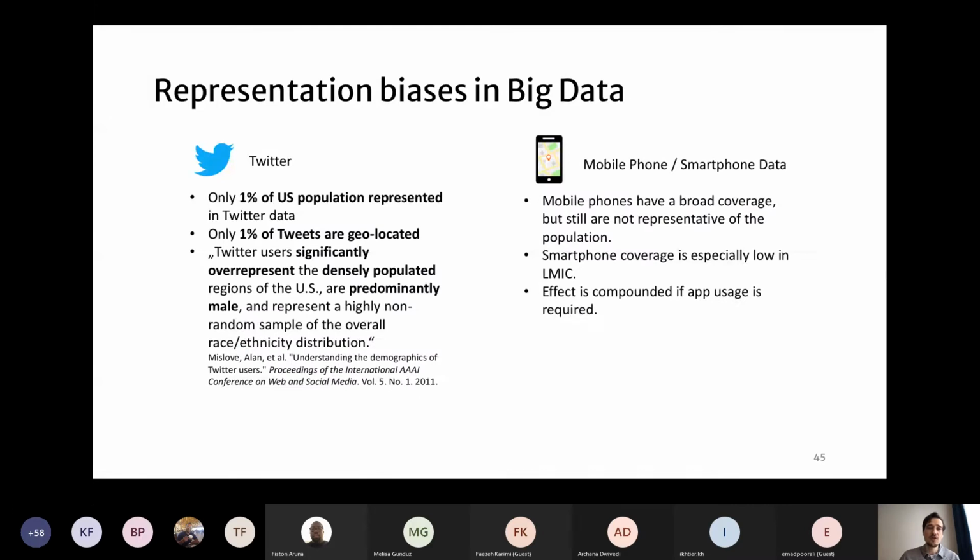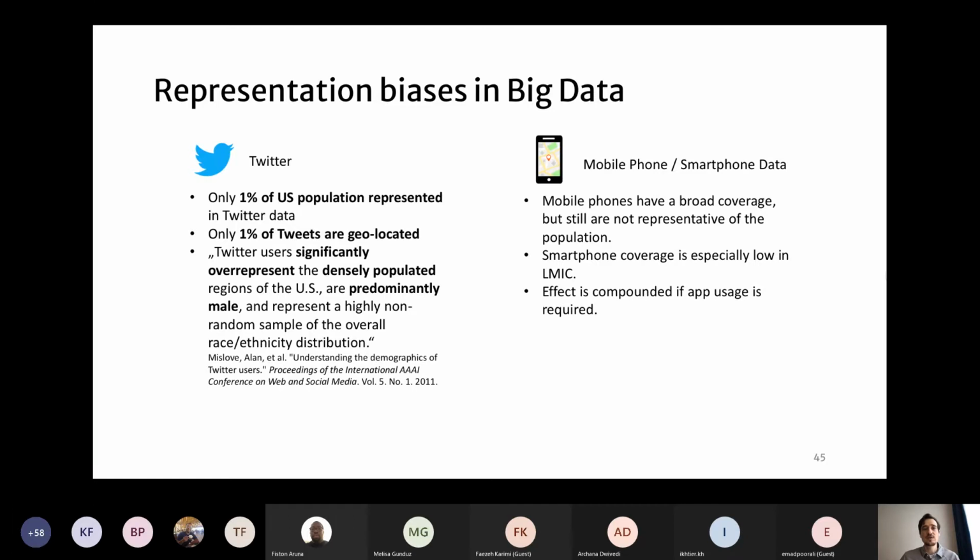And so just to show an example of why this is an issue in mobility data sets: if you use Twitter as a source for mobility, only 1% of the US population, for example, has a Twitter account or is represented in this data. And only 1% of tweets are geolocated. So you have from the start a very small sample size.